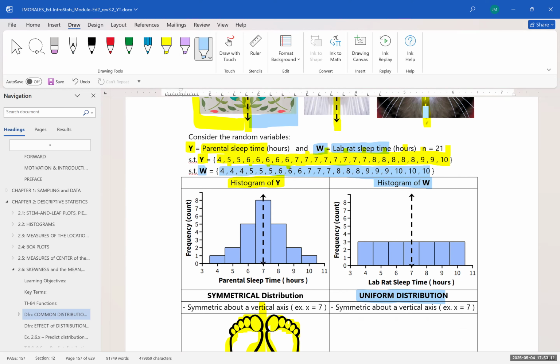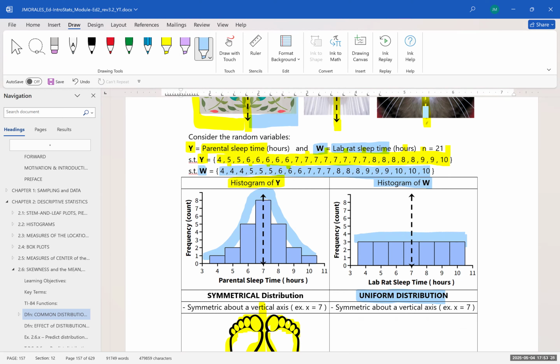You'll see that instead of having this curving distribution shape that comes up in the middle and then comes back down on the sides, this one is flat all the way across. So it's a horizontal line.